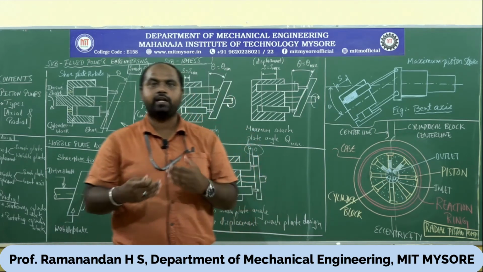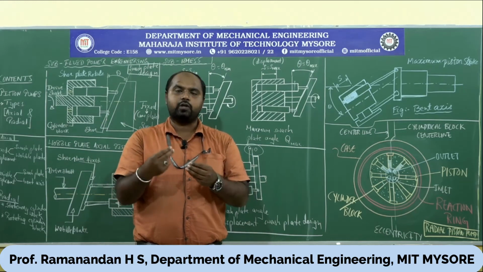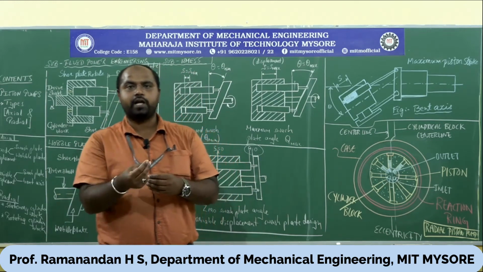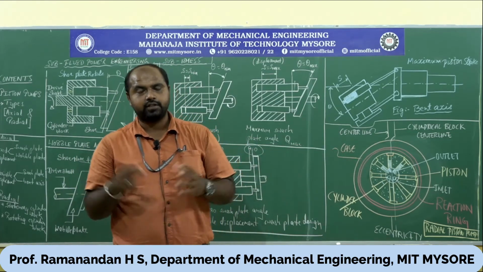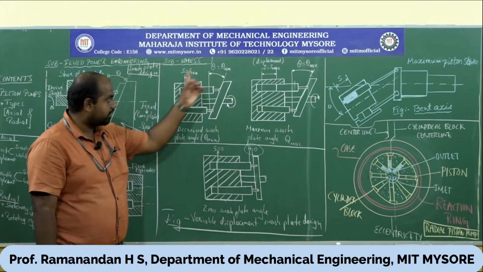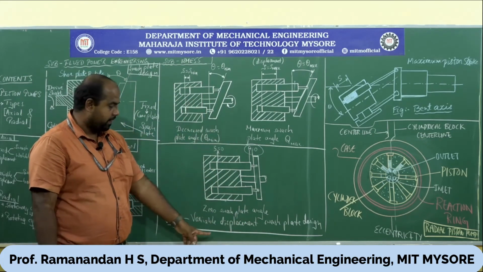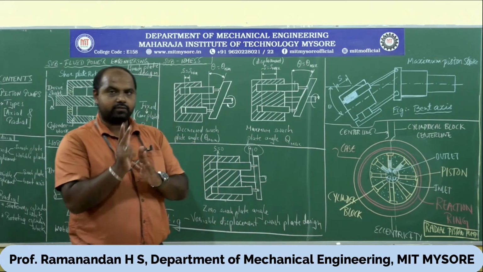This is how you obtain variable displacement, by varying the swash plate angle. This is the first case. I repeat, this entire axial piston pump is called variable displacement swash plate design. The design is swash plate.